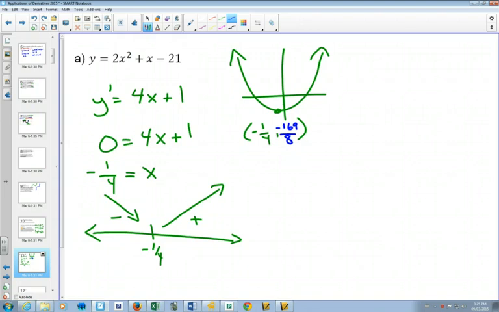Which would be minus 21 and 1/8, or minus 21.125. Is that right as a decimal? So you would get this blue number by plugging in negative 1/4 for each of the x's in your original function, because that would be a point on our original graph.